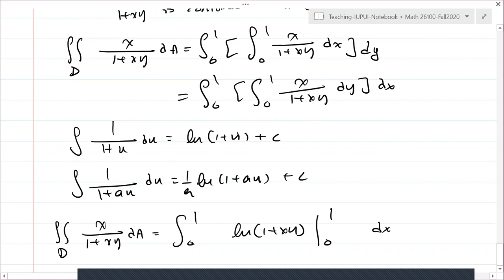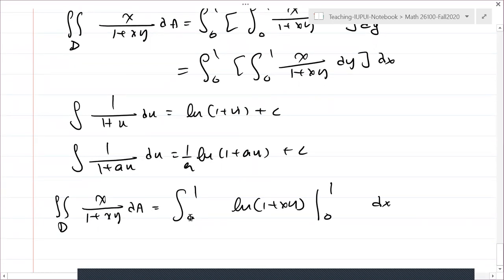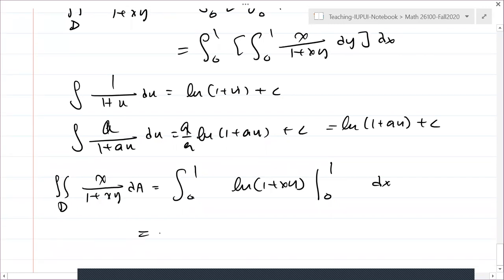Why? Because when you differentiate, you will get 1 plus x times y in the denominator, and another x in the numerator. So if I put an a here, I have another a here. See, this is what we get. So now it's much easier.